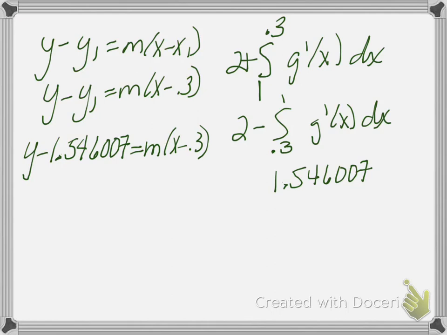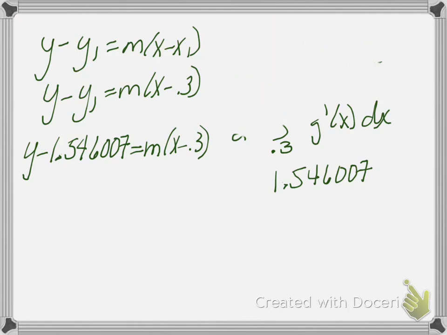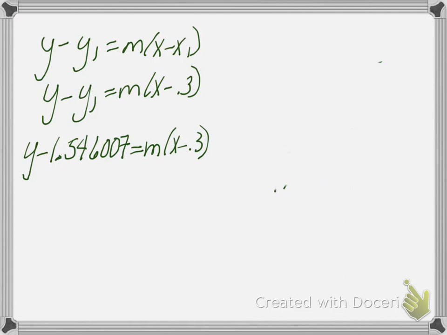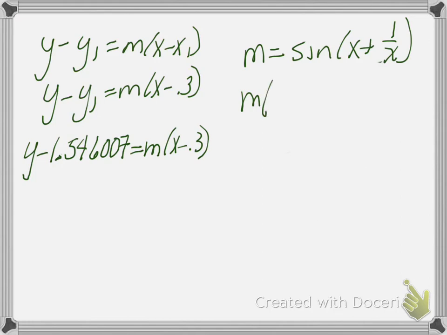Okay, the next thing we're going to need is m. Remove this. Okay, so m is just the derivative, right? And we were told that the derivative is sine of x plus 1 over x. But we're interested in the slope when x is 0.3.